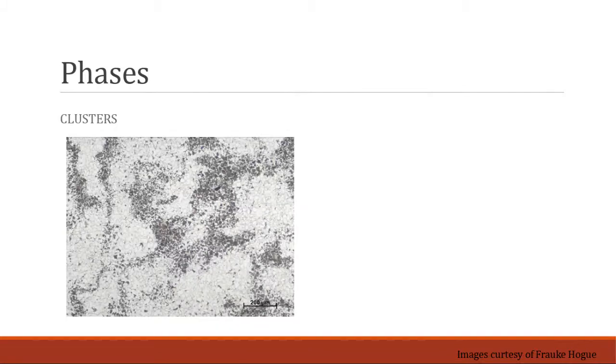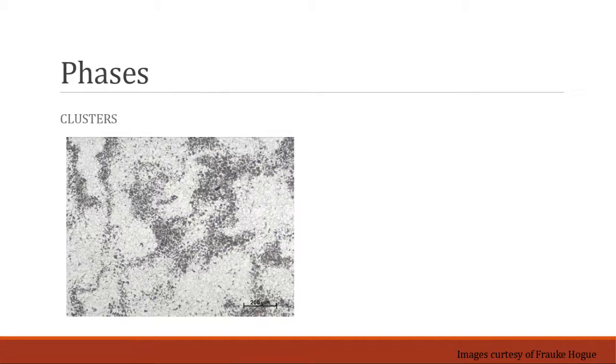Another type of phase distribution that you can run into is something that you see on the screen. It's a cluster. So it's very random. These are typical of cast products or chemical segregation within the sample.